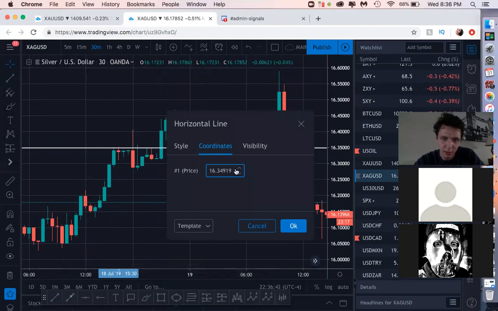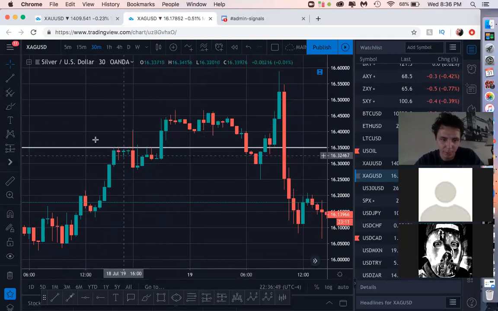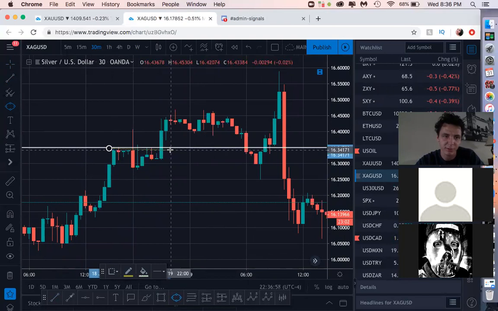Let's see if we can't line it up with an institutional level. We got that 50 area that I was telling you about that will sometimes be used. So in this case, we have the 50 level being used. And I mean, this was really heavily used. Each one of these 30-minute candles was just time and time again being used as equal highs.